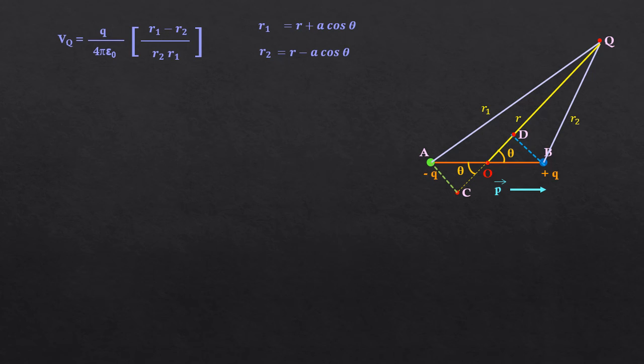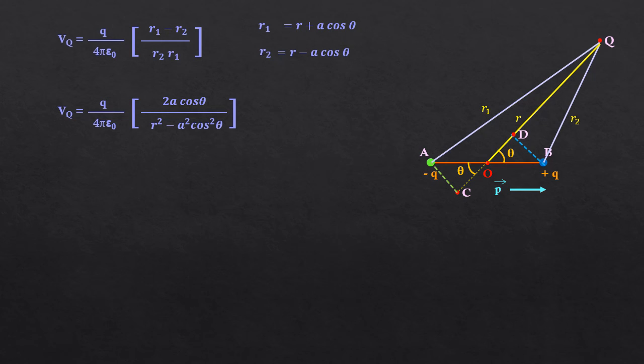In the denominator, we have R1 into R2. That is (R plus a cos theta) into (R minus a cos theta). That is r square minus a square cos square theta. So the expression for the potential at the point Q becomes Q divided by 4 pi epsilon naught, 2a cos theta divided by r square minus a square cos square theta. See the numerator, you can see the term Q into 2a. Q is the charge, 2a is the length of the dipole.